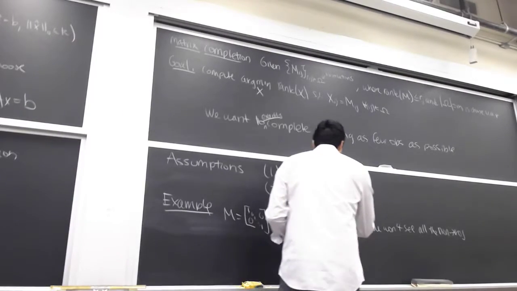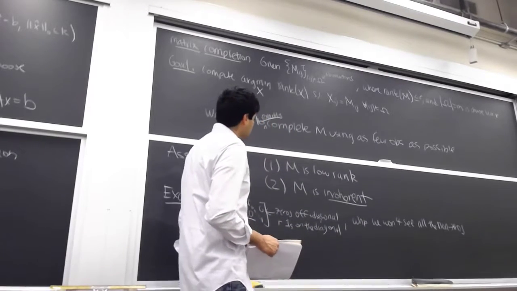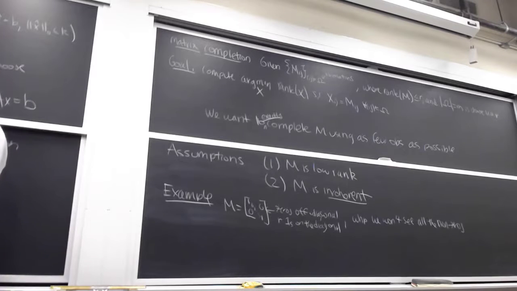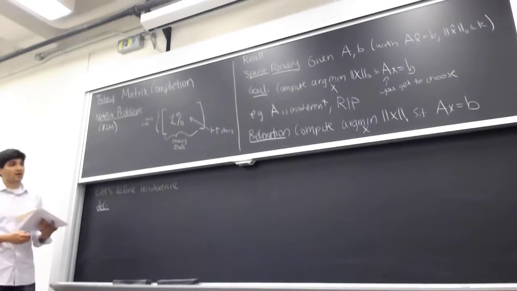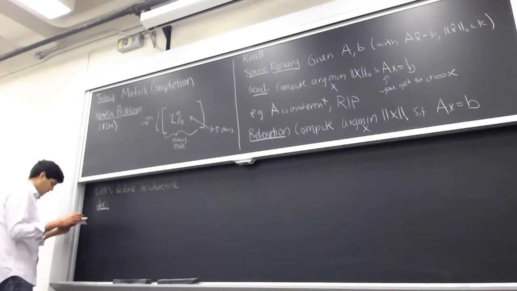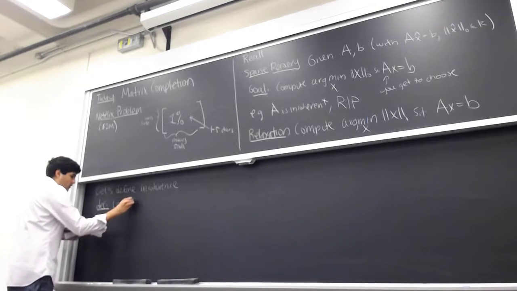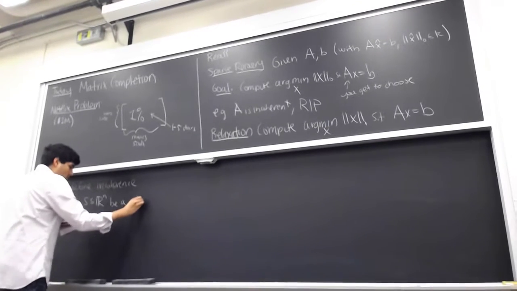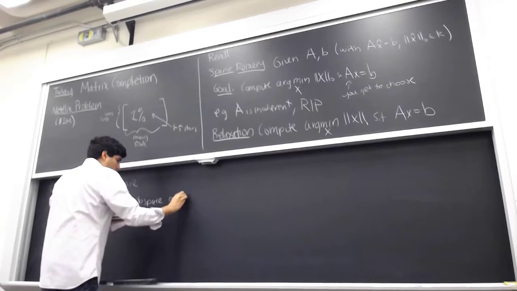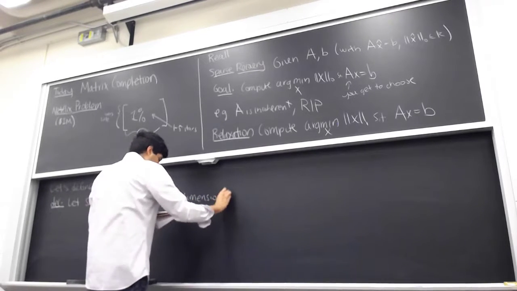So let me define what incoherence means exactly in our context. First, let me define the incoherence of a subspace, and then we'll talk about what incoherence means for the matrix. Let S be a subspace of dimension r.